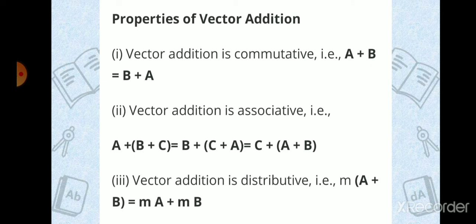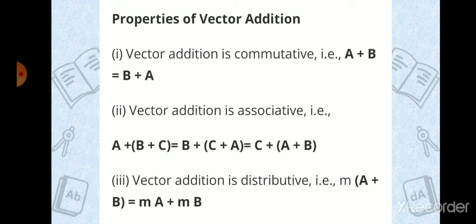Coming to the properties of vector addition. Vector addition is commutative. That is, vector A plus vector B is equivalent to vector B plus vector A. Vector addition is associative.